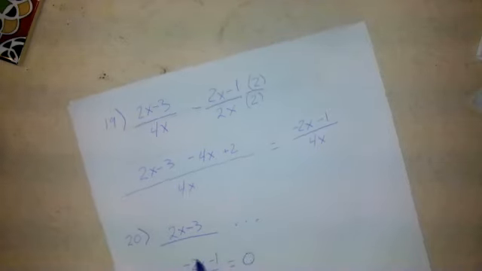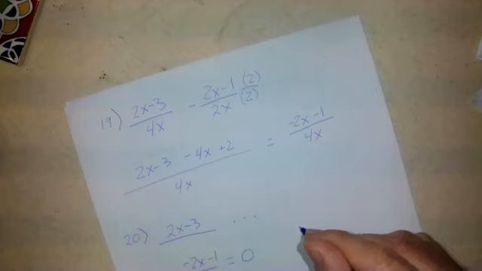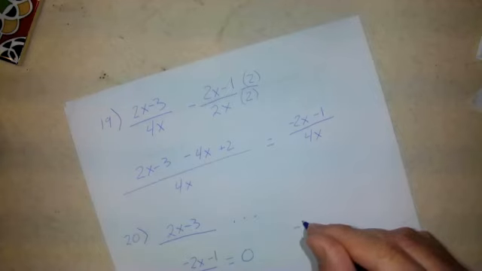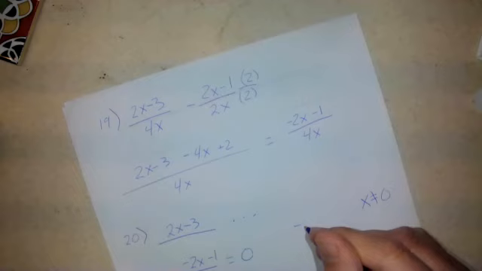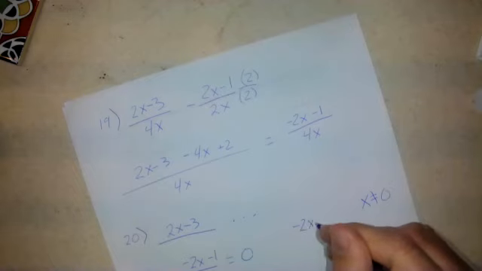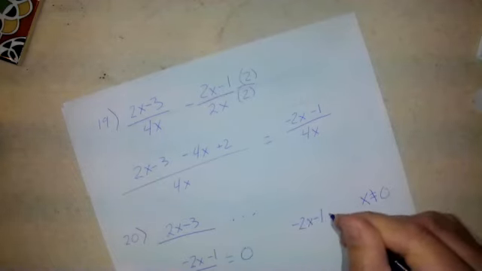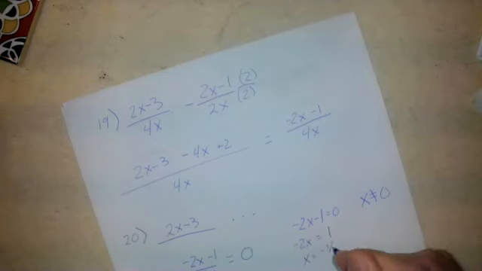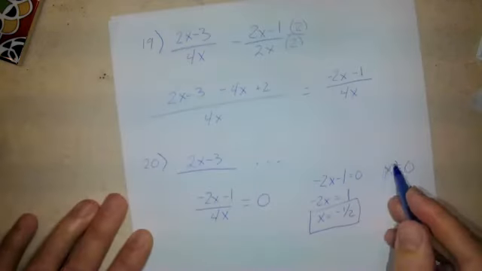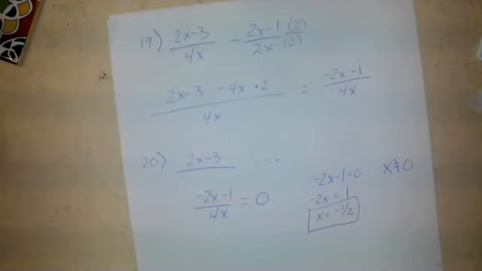This happens only when the top is equal to 0. So technically I'm multiplying both sides by 4x and saying that x may not equal 0. So I get negative 2x minus 1 equals 0. Negative 2x equals 1. X equals negative 1/2. And that is my answer. It should not include the restrictions because if x is equal to negative 1/2, then x isn't equal to 0 anyway.